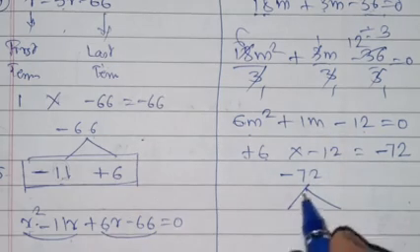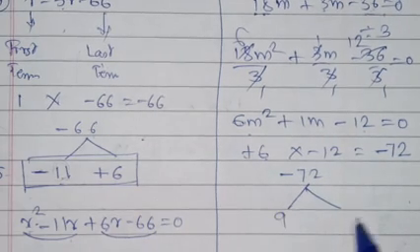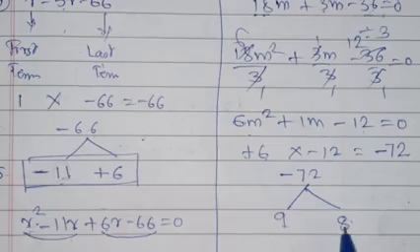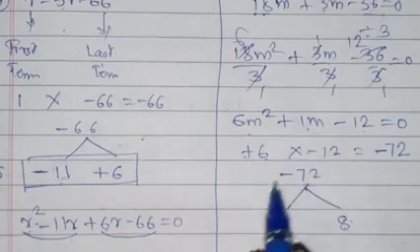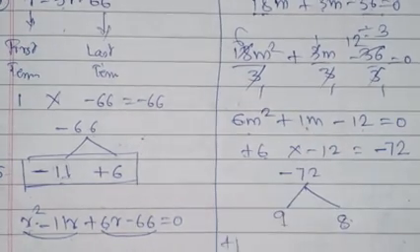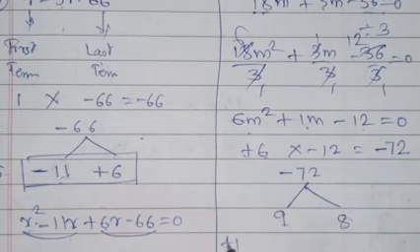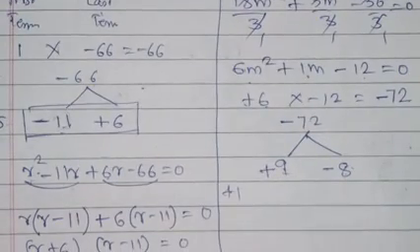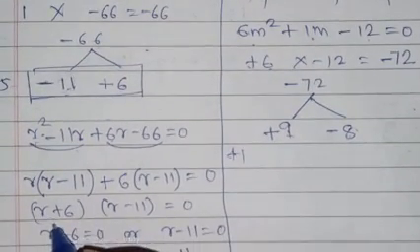So here we have 9 times 8, 9 8s are 72, and 9 minus 8 is 1. But since we want plus 1 as a middle term, so sign of the bigger term will come as plus. So this becomes plus, this becomes minus. Are you getting? Yes.